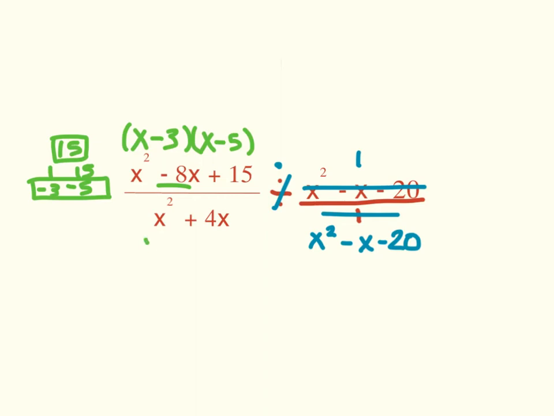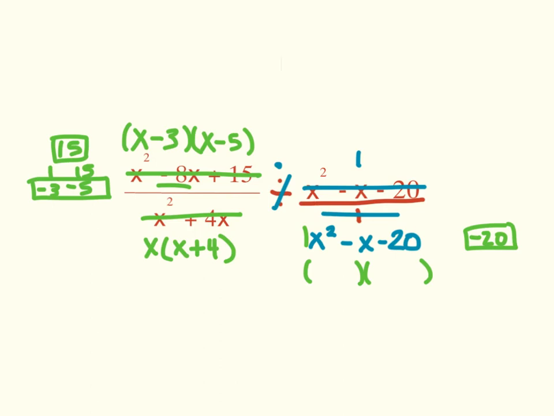In the denominator, we're going to factor out an x. And again, I'm no longer needing this expression or this one. The 1 in the numerator of the next fraction is fine as it is, and we've got again an a value of 1 here, which makes this a pretty quick factoring problem. Negative 20 is our c term. 20 is 1 times 20, but one of them has to be negative, or 2 times 10, or 4 times 5.